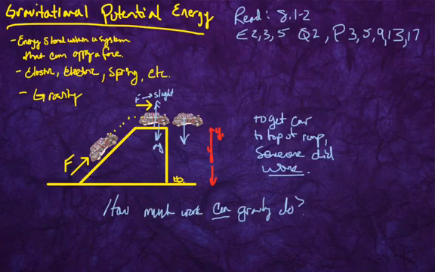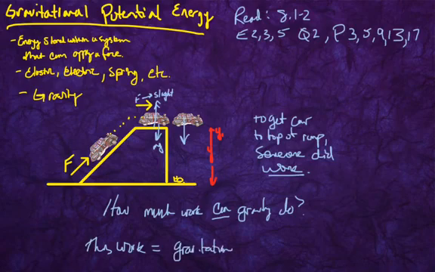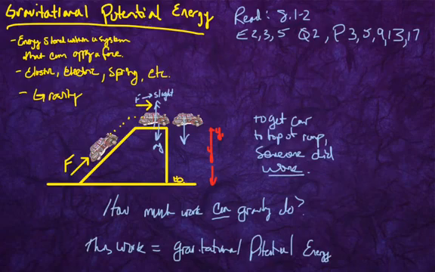So at that instant, gravity is the force acting on the car. Gravity will cause our car to travel a distance y the entire time the force is acting on the car. This work is equal to the gravitational potential energy.